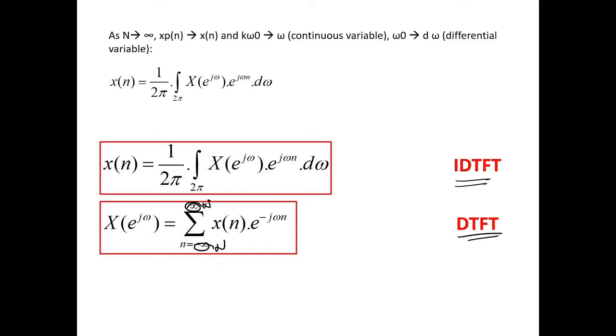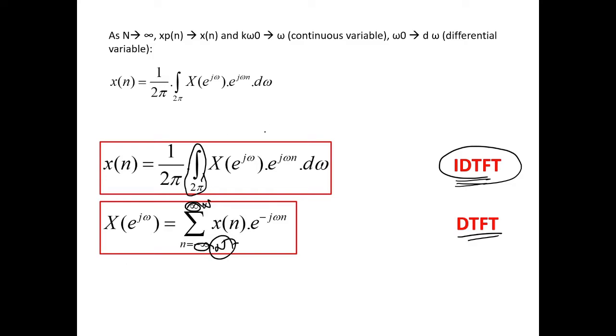X(n) is equal to 1 by 2 pi, then we have an integral operator. So the problem lies in the inverse discrete time Fourier transform. Here we have an integral operator.